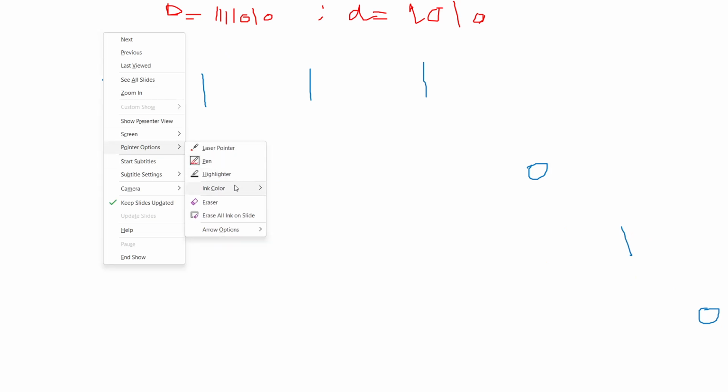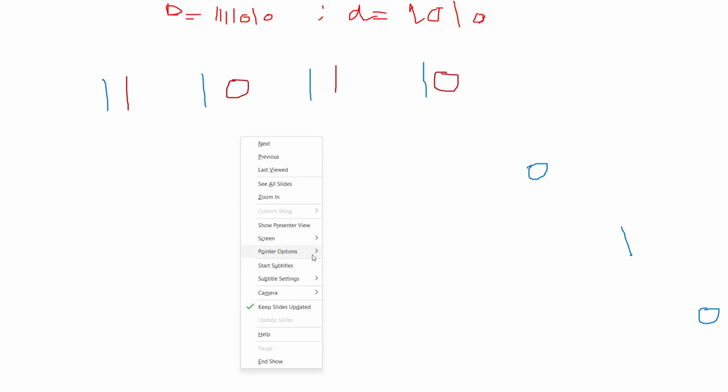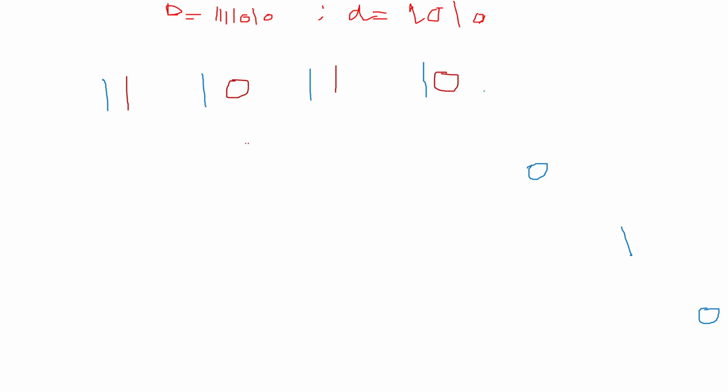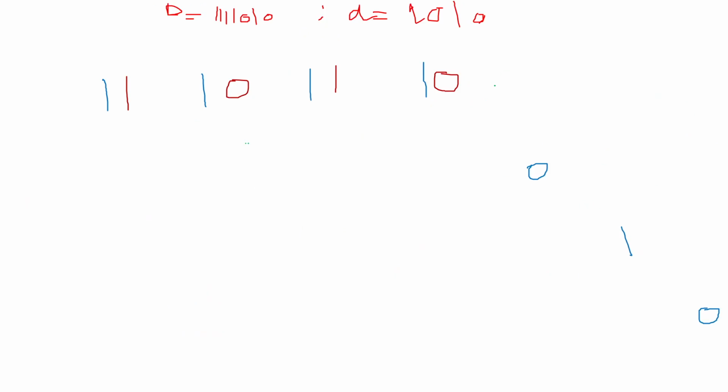Now I'll write down the divisor. The divisor is 1 0 1 0, and now I'll do the subtract operation, which I'll write in green ink. You need to remember the full subtractor operation to do the subtraction here.